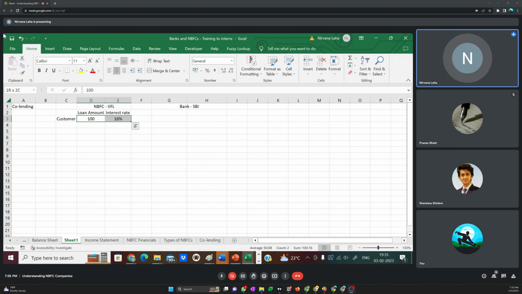According to my credit calculation, he's a credit-worthy customer. I have a 100 rupee loan for which I will earn 16%. Are you interested in taking a part of this loan? The bank will often say yes, I'm interested. Why? One, because it has excess capital and it does not have enough manpower to go and hunt for loans.